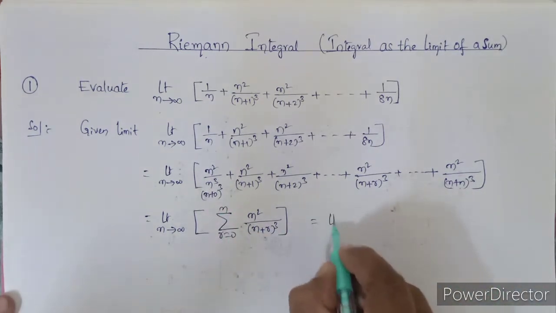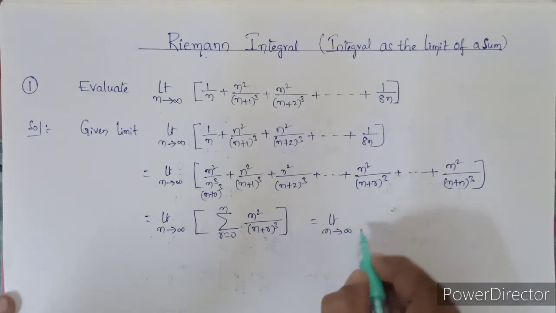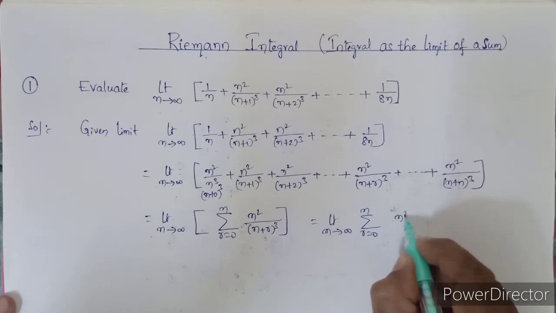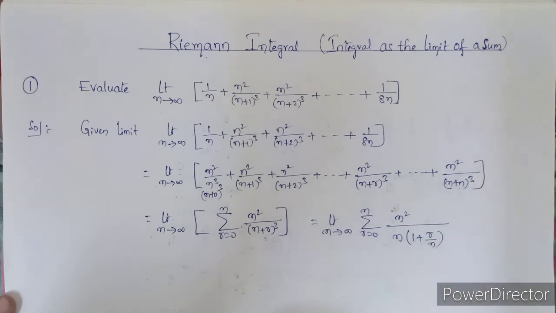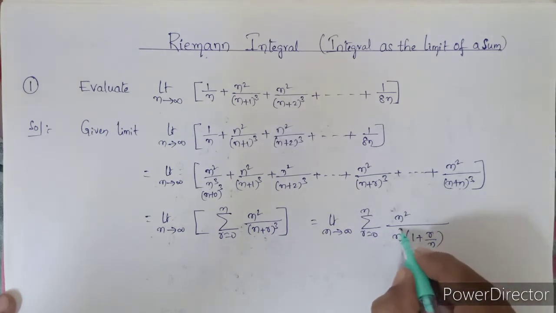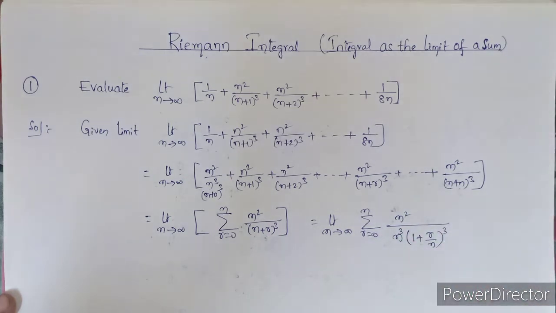Now limit n tends to infinity, sigma r equal to 0 to n, n square by, we take n as common, n into (1 plus r by n) whole cube is remaining.